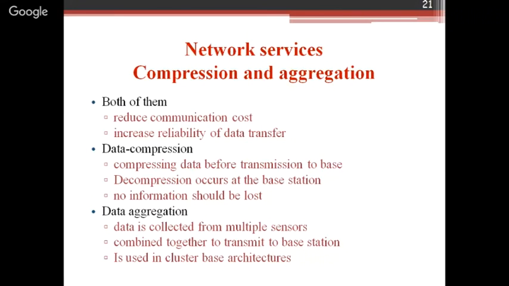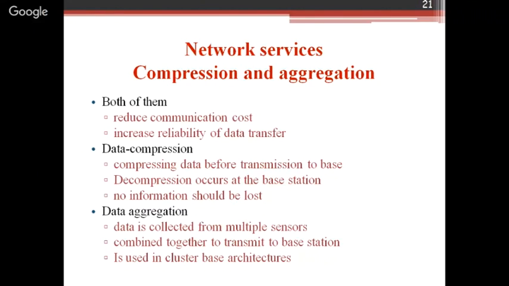The benefit of compressing the data here is that communication cost is reduced. Secondly, power consumption is reduced, because as I told you earlier, a lot of power is consumed when you send data to other nodes.